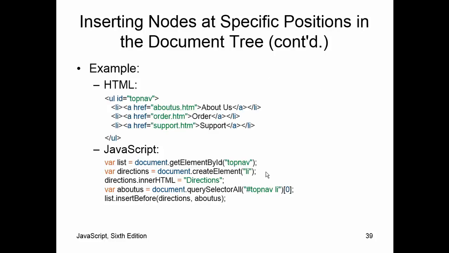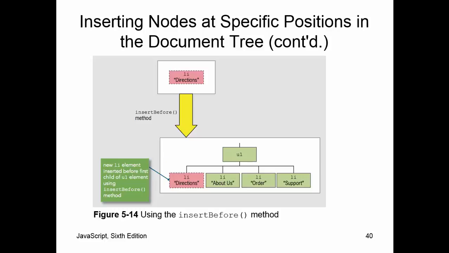What I like about this book, there's many things I like about this book, but one of the things I like about the book is quite often they'll show you something that looks like this, where they show you the HTML and then they show you the JavaScript to show you what it is they're about to do. And then they pictorially show it to you. So this is figure 5-14.